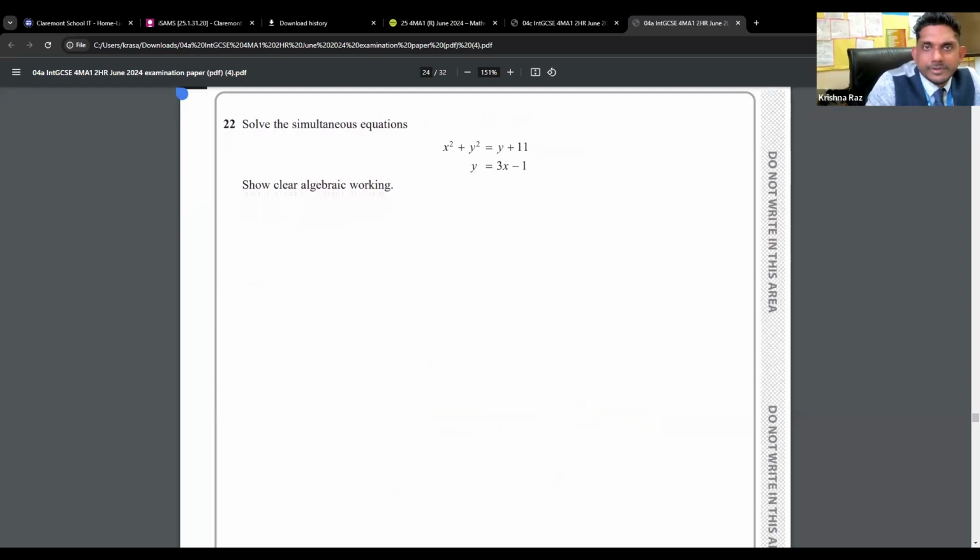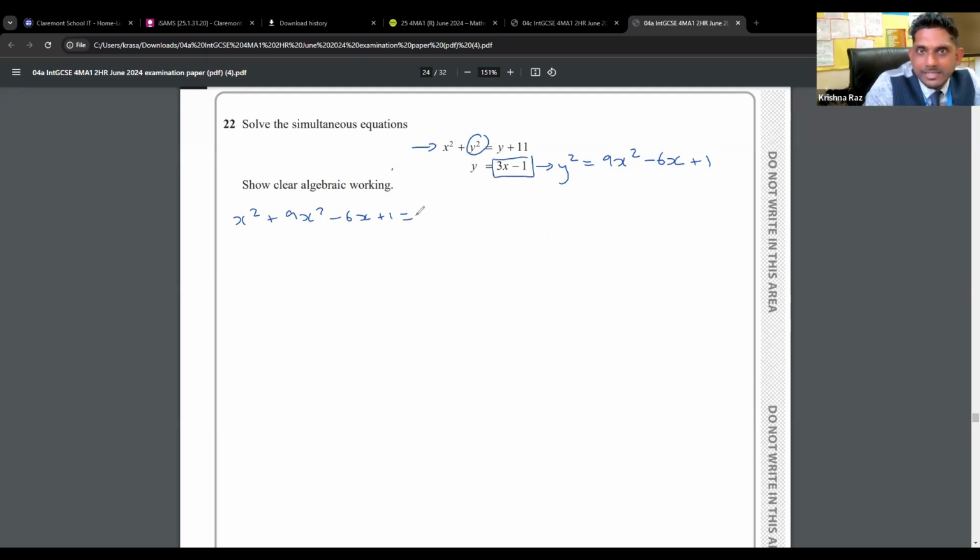Next one. Okay, so we need to figure out y squared. So that's 3x minus 1 times 3x minus 1. So we're going to get 9x squared minus 3x minus 3x plus 1. I'm going to substitute that into the original. So we have x squared plus 9x squared minus 6x plus 1 equals y plus 11.